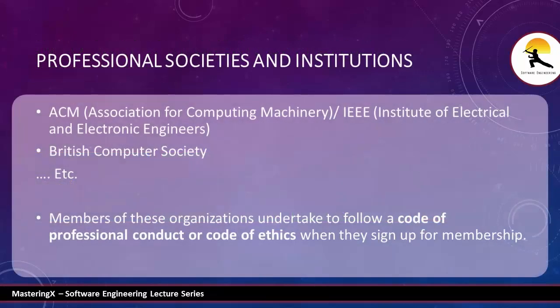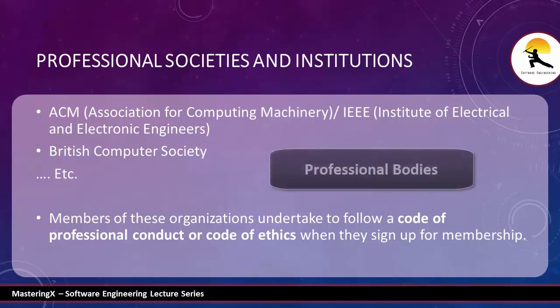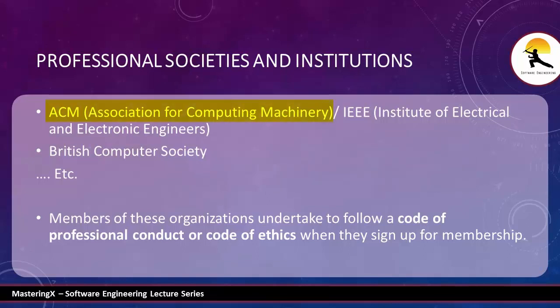Professional societies and institutions, in other words, professional bodies, have an important role to play in setting ethical standards. In the computing industry, organizations such as ACM, Association for Computing Machinery, IEEE, Institute of Electrical and Electronic Engineers, and the BCS, British Computer Society, publish a code of professional conduct or code of ethics.